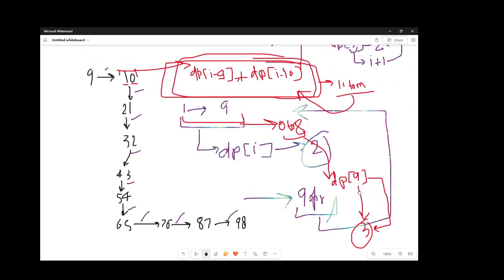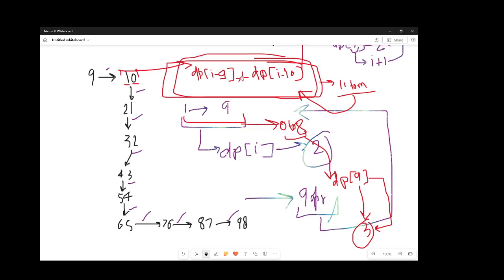And what is dp of 10? dp of 10 would again be split in this way. And yeah, I hope you understood. dp of 10, you can calculate by doing this again and again. So yeah, that was it.